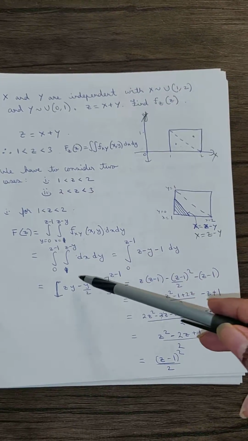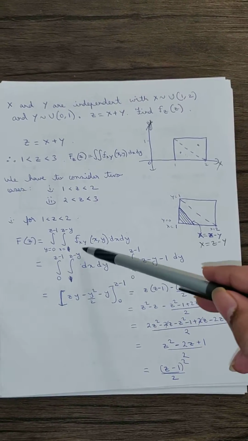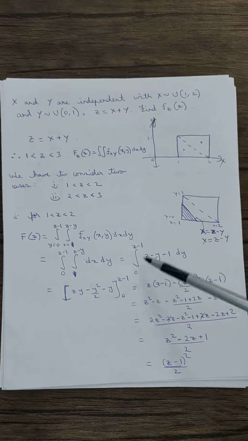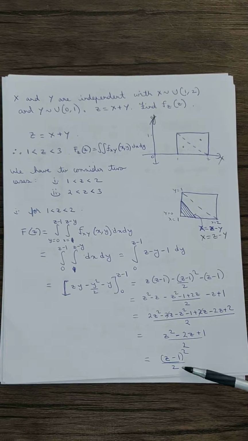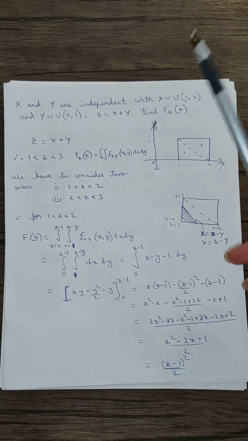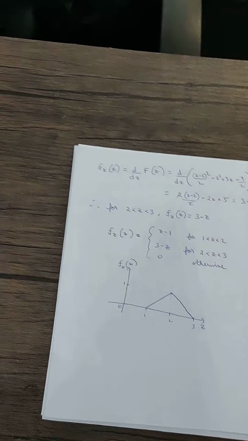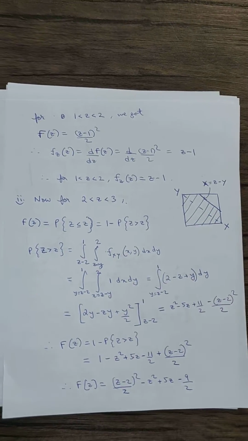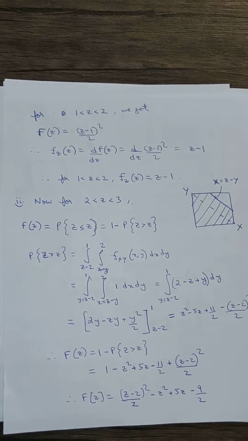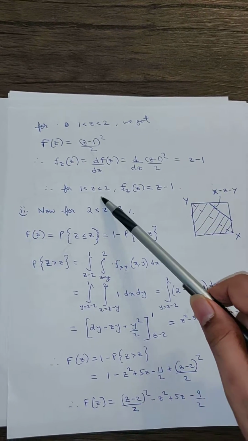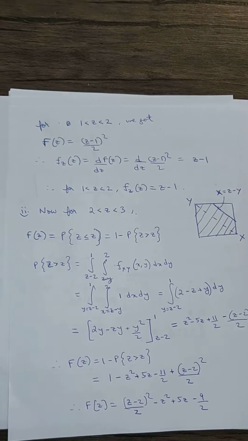Since it is uniform, f_XY is 1. If we compute this integral, we get the CDF (Z minus 1) whole square by 2, for this region only. Now we find the PDF, which is just the differential of the CDF. Differentiating with respect to Z, we get f_Z(z) is Z minus 1 for Z greater than 1 and less than 2.